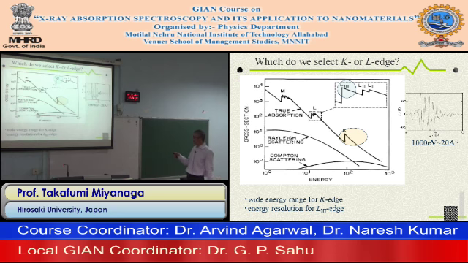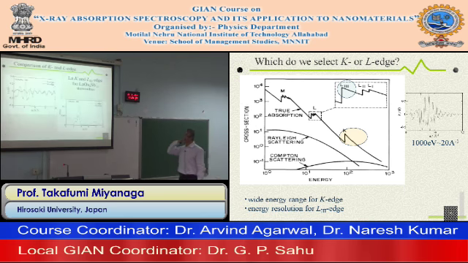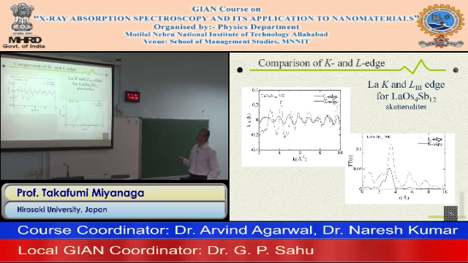Usual EXAFS range is about 1,000 electron volts from here to 1,000 electron volts. Its conversion in photoelectron wave numbers is about 20 angstrom inverse. Now, it is an interesting result: a comparison of the K edge and L edge in the lower energy lanthanoid series.